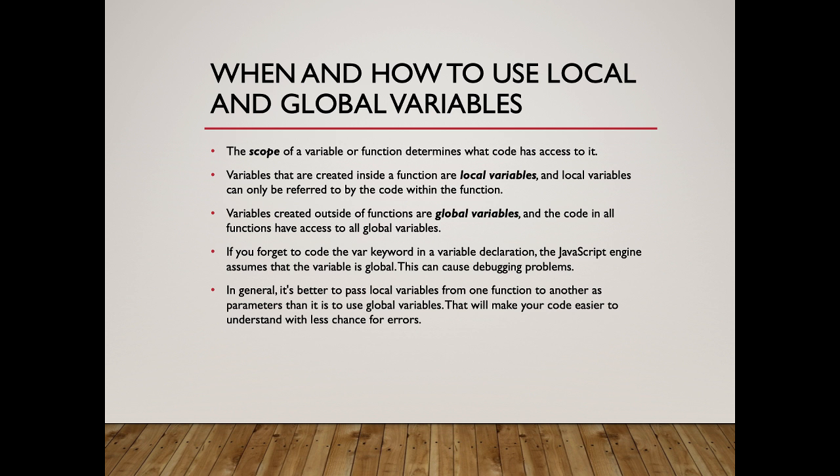So what hoisting is: when you declare a variable using the var keyword, or you declare a function, it will automatically pull it to the top of its scope. So if it's in the global scope, it'll pull it to the top of that document. If it's within another function, it'll pull it to the top of that function. And what ends up happening is you can actually use a function before it's been declared because of hoisting.